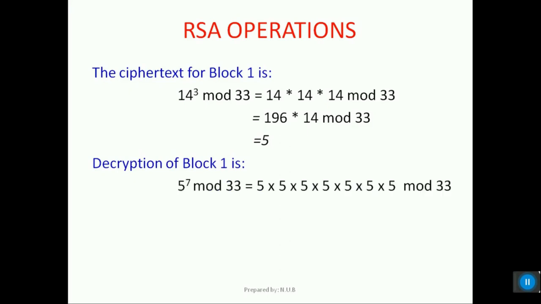It is ciphertext to the power of the decryption key mod 33, which is 5 power 7 mod 33, which comes to 14, which is the message we have taken. That is the first block. So we encrypted it and we are able to decrypt it back.